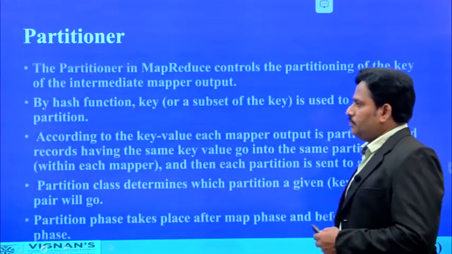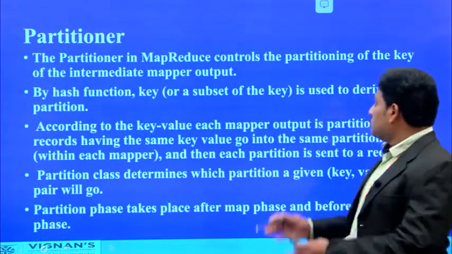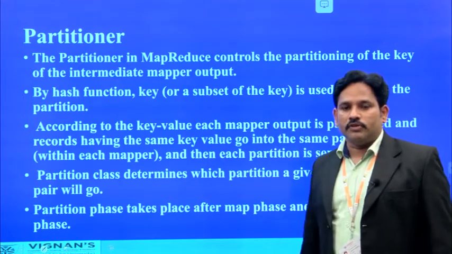We will see now. The partitioner in map reduce controls the partitioning of the key value pairs which were generated during the map.